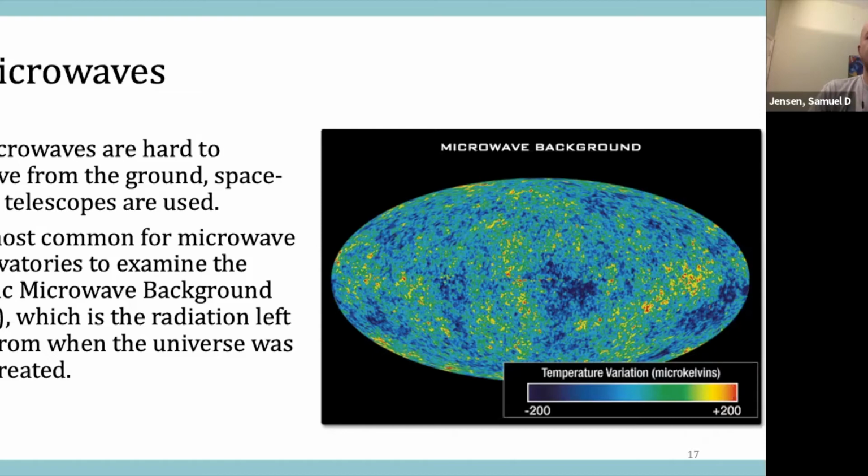We can see the remnants of the Big Bang in the microwave region of the electromagnetic spectrum. So this is, at least science-wise, the most important aspect of how we use the microwave, or at least for me, the most interesting use of the microwave spectrum.